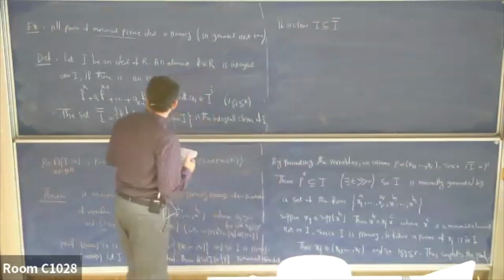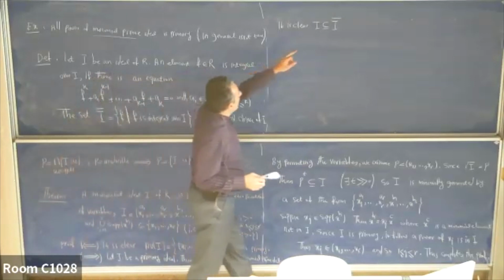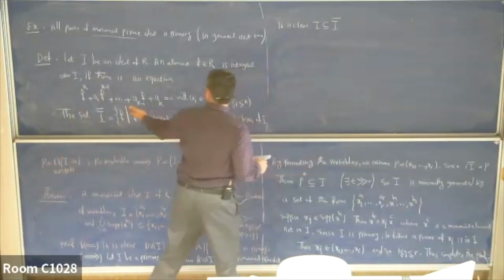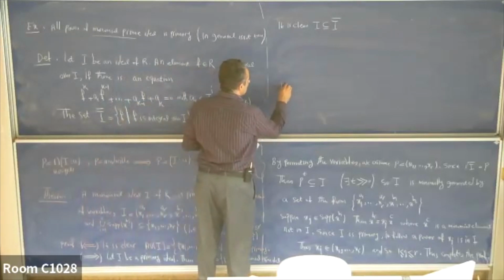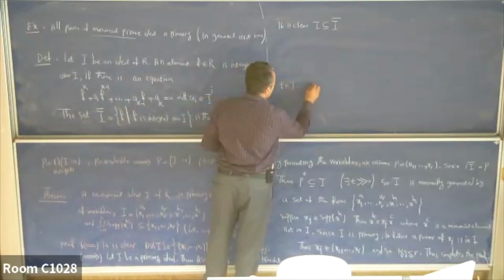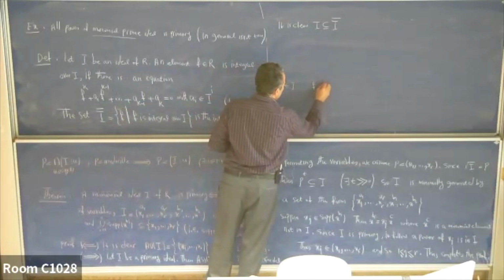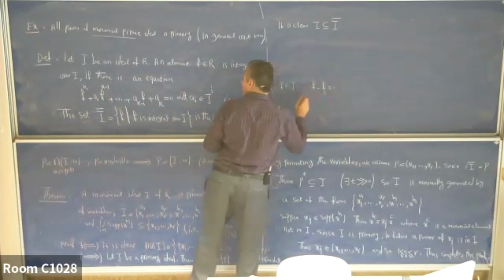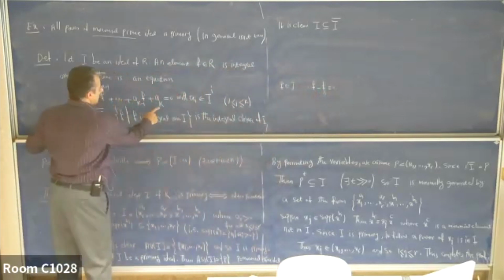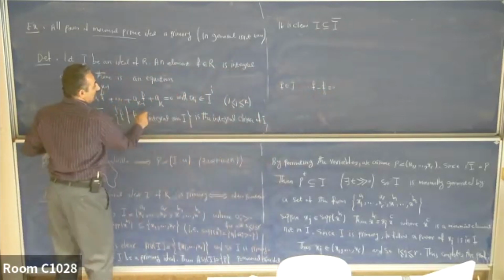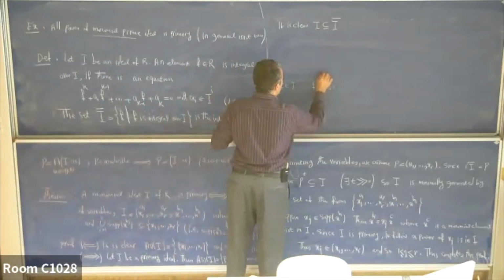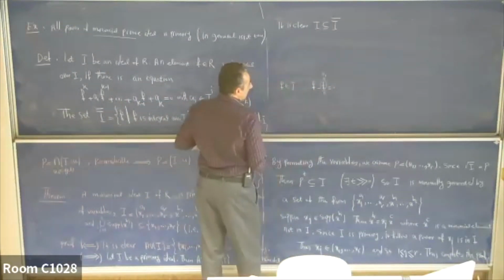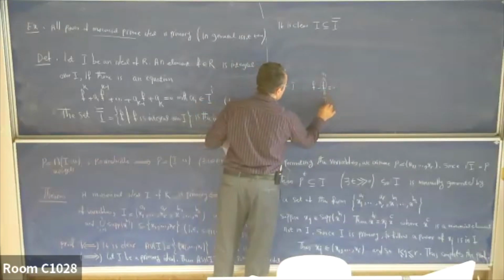This is because every element of I has these equations. For example, if f belongs to I, then f minus f is 0, this coefficient is 1, and here it is 0.